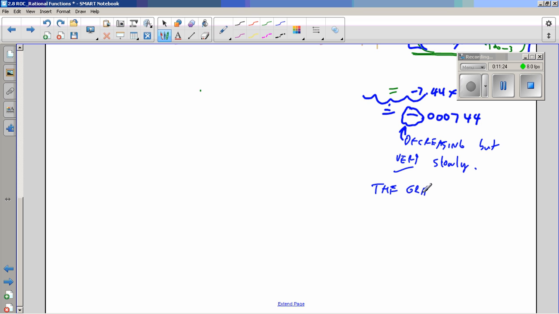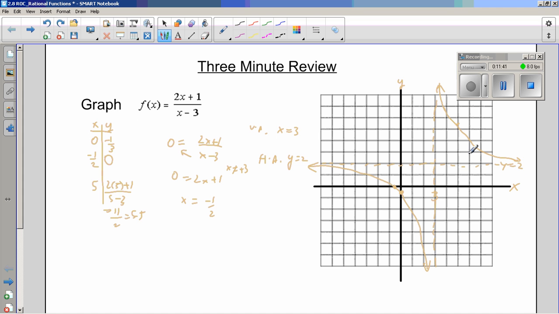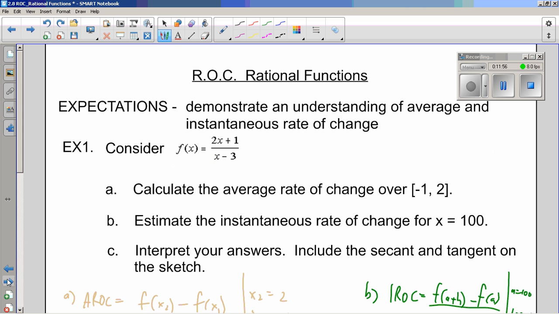The graph is approaching the horizontal asymptote. And in fact, this calculation also tells me, because it's going downhill, it's approaching the horizontal asymptote from above. If it were approaching from below, it would be a positive small number, because it would be going uphill. So that calculation gives me a little bit of a hint about what's going on in the graph.